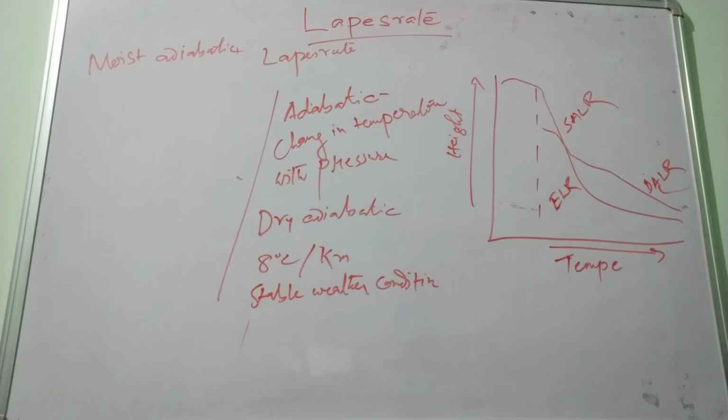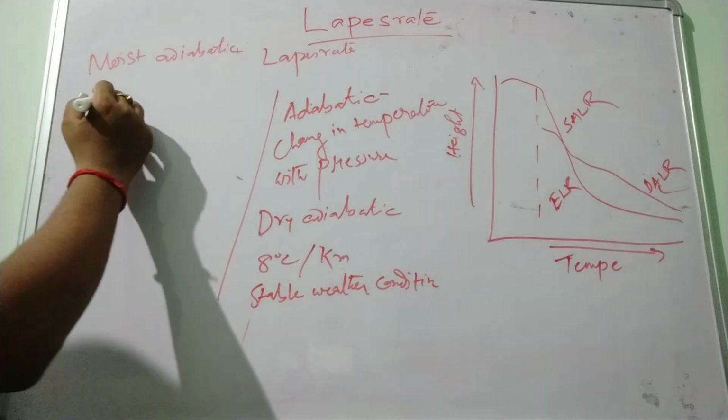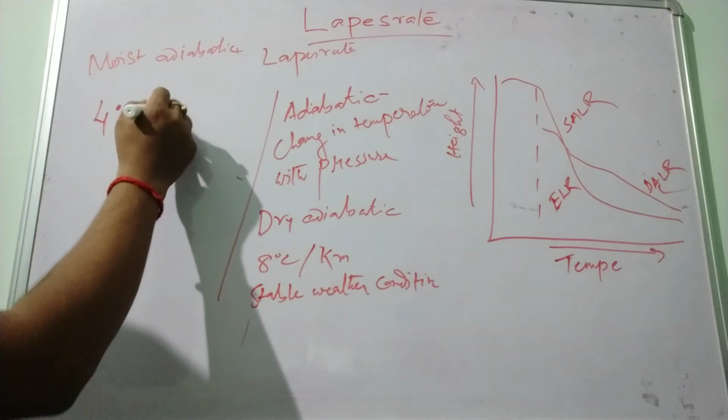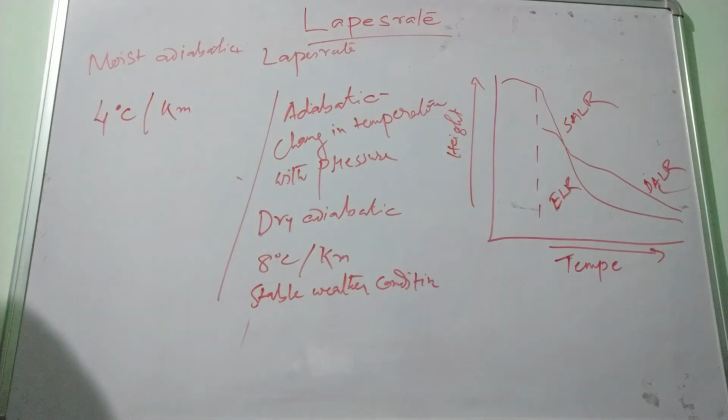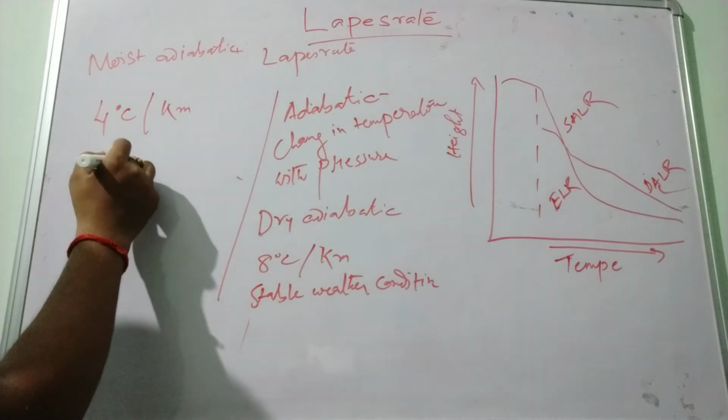The moist adiabatic lapse rate considerably varies because the amount of water vapor is very highly variable in the atmosphere, and the average moist adiabatic lapse rate is 4 degrees centigrade per kilometer, and it is also associated with unstable weather conditions.